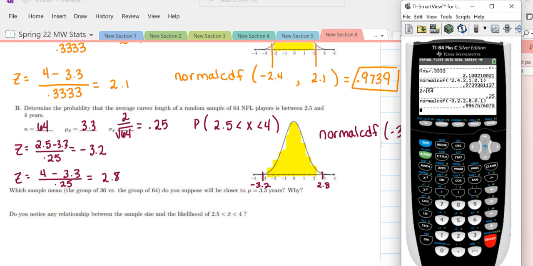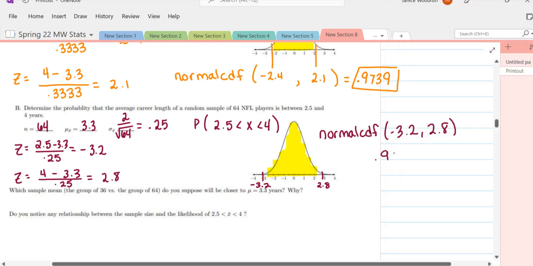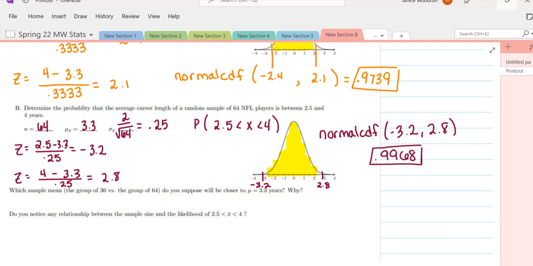We get 0.9968. So you increase that sample size to 64. Pretty much all of them, unless maybe one, would have a career length either less than 2.5 years or greater than 4 years.